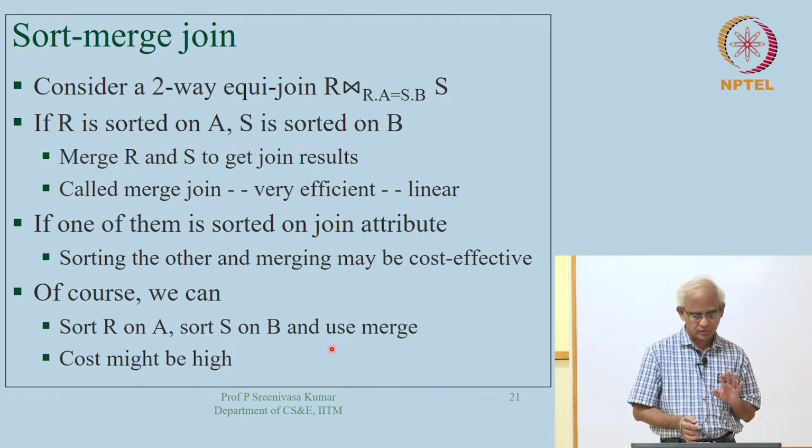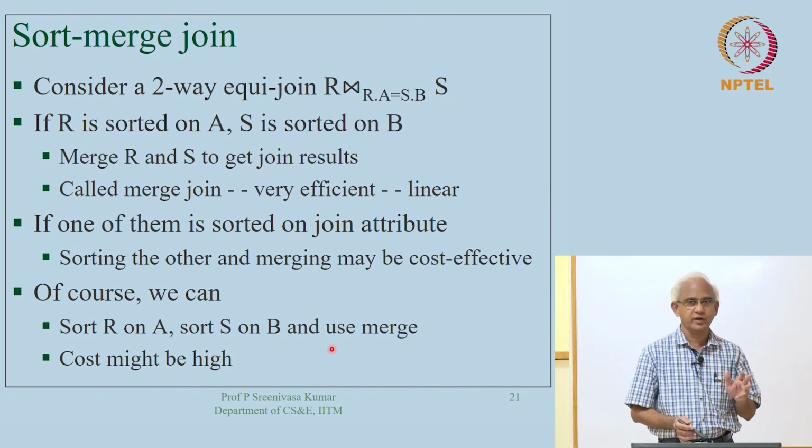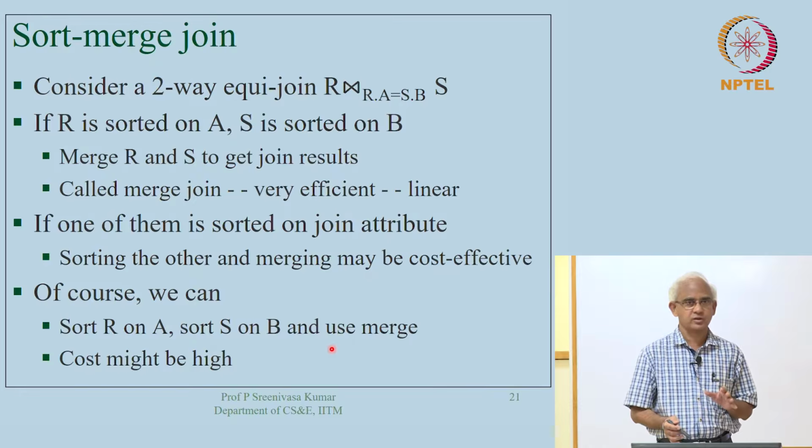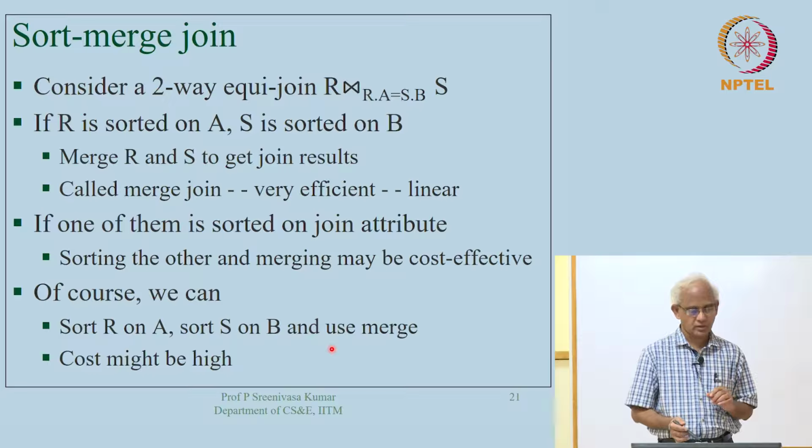If nothing works, the worst case is the nested loop join. If an index exists on one of them, then you can use single loop index join. The competing algorithms are hash joins, so you can make use of hash joins and partition hash joins appropriately.